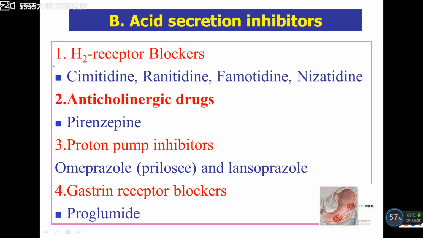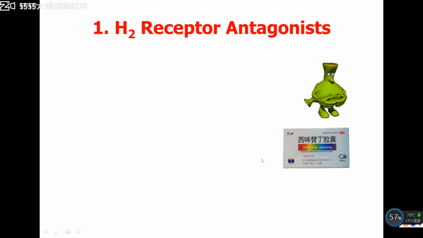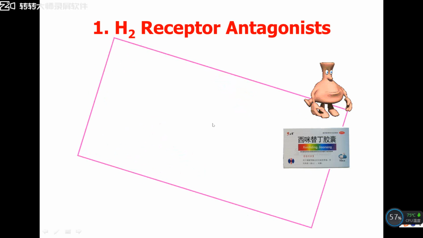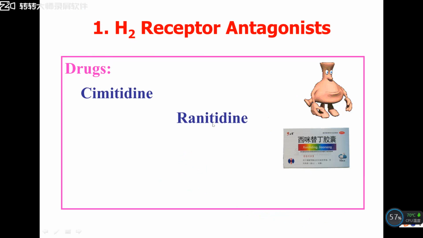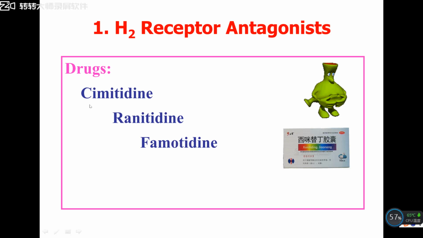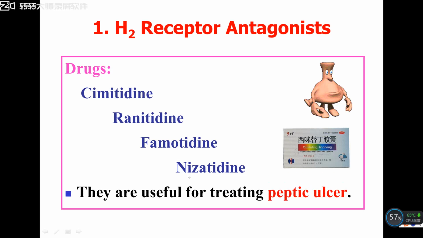So let's study the first inhibitor, histamine 2 receptor blockers. In clinic, we use these drugs. The prototypical agent is cimetidine, and the next one is ranitidine, famotidine, and nizatidine.